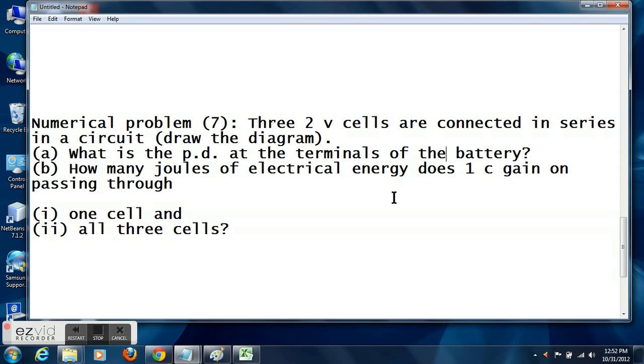For this problem you also have to draw a diagram where you show all the 3 cells, each having 2 volt. So you work out these problems, derive your own solution, then compare with our solutions.